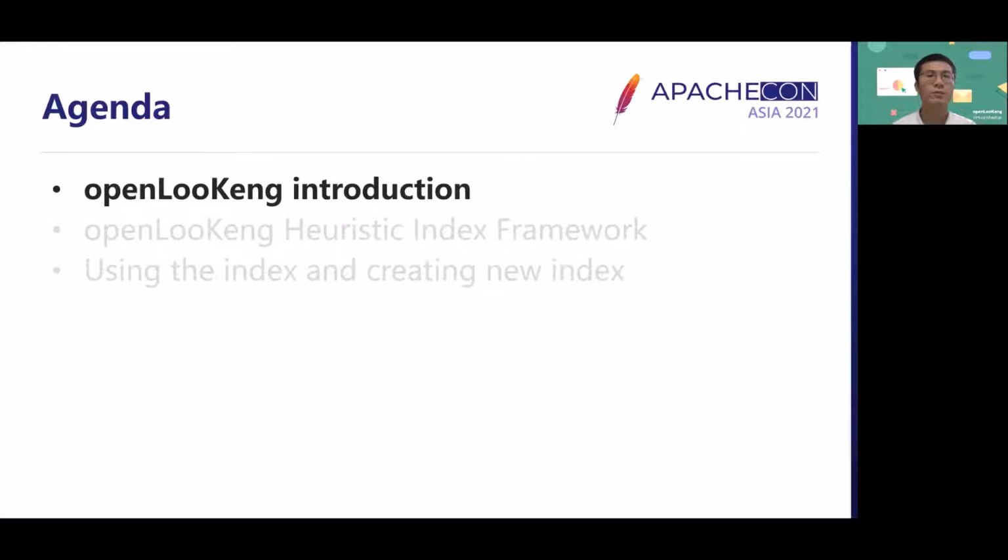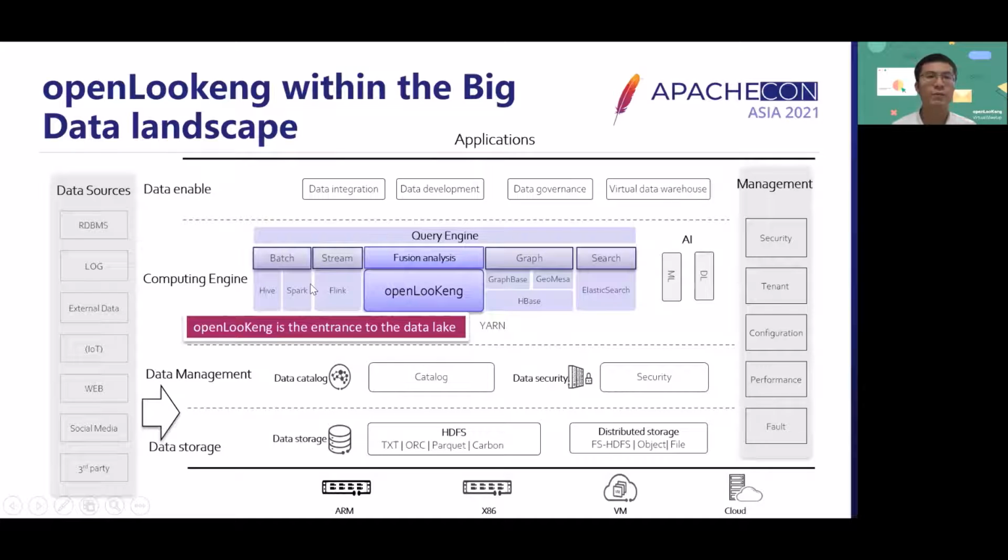First, I will introduce the basic ideas of OpenLooKeng. If we refer to the big data landscape, we can find that big data is pretty complex. This figure shows a typical big data system.